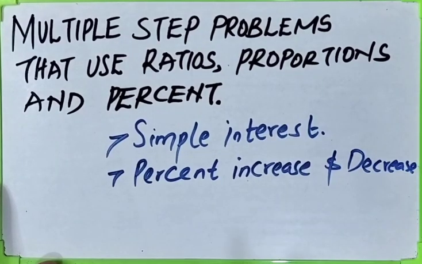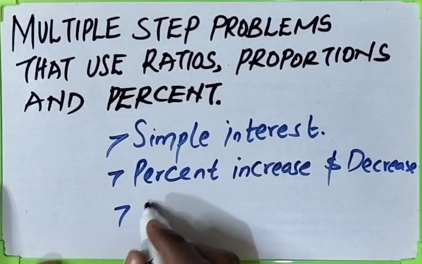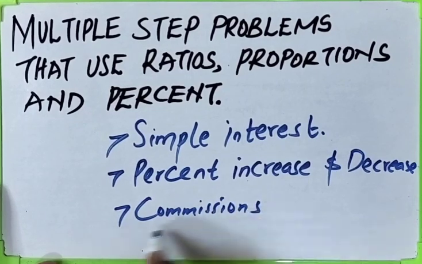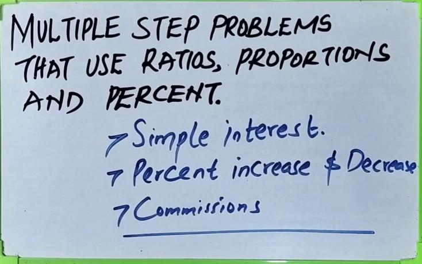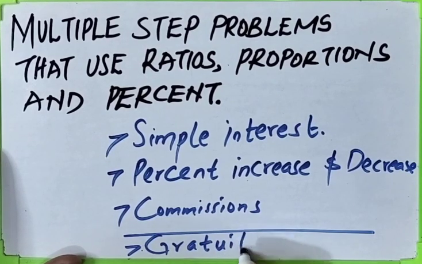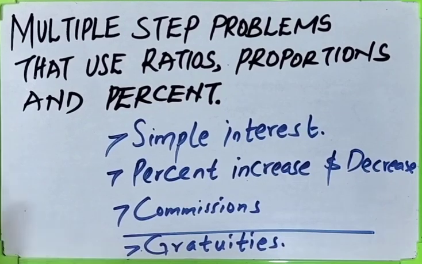We also have commissions, just to mention a few. Oh, there's also another one we call gratuities. Just a few of the examples of problems that will be carrying this skill.